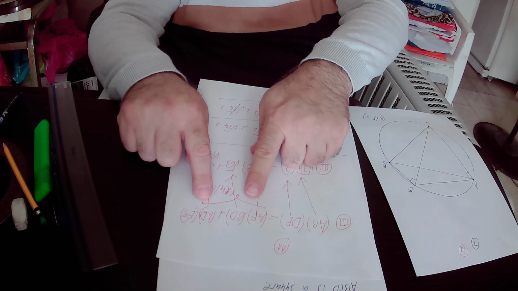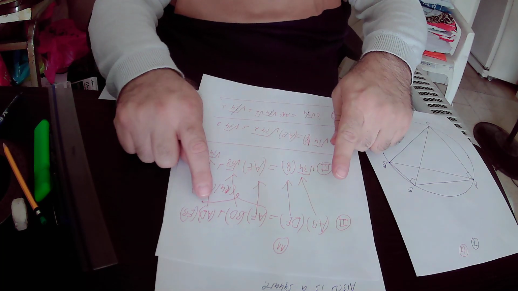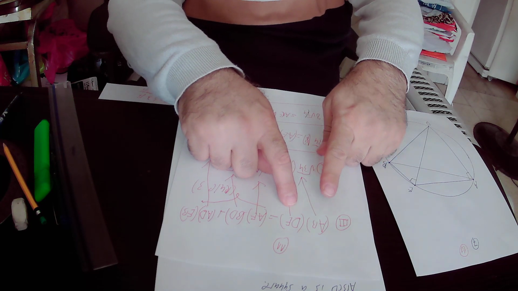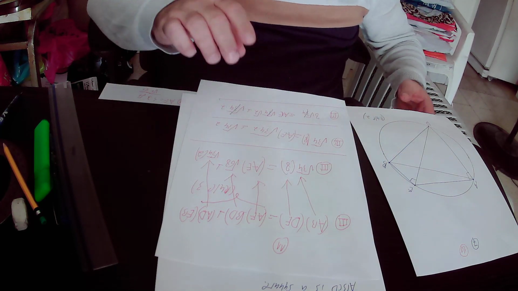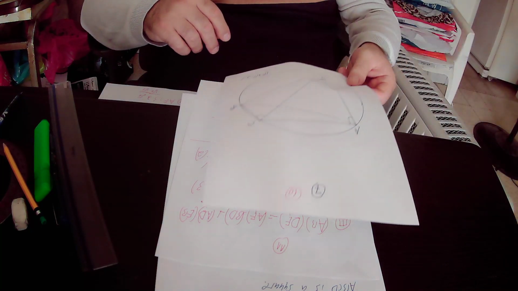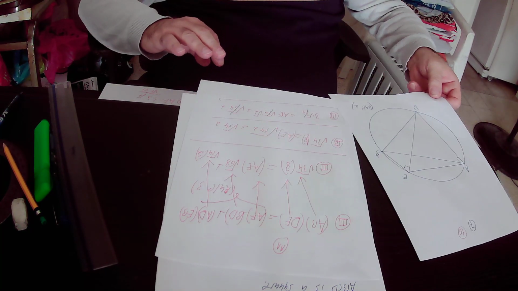The sum of those two products together equals the product of its diagonals, that is actually AB times DE. So here equation number 3 is the implementation of rule number 3 in this drawing. Okay.